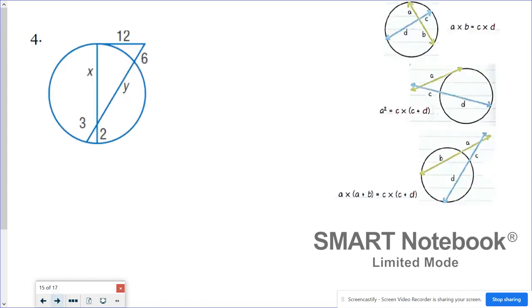Okay, so I do have one more example for us to check out. And you'll notice that there's two things that they want us to find. They want us to find x and y. So we might have to use more than one of our power theorems. So let's look at what we have here. I'm looking at the 12 at that segment and I'm like, well, that's a tangent.